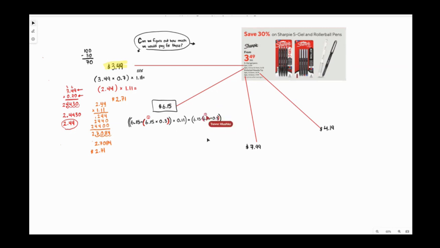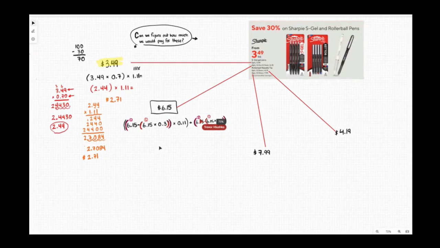Then we would do the second set of brackets. So again, this part here and those ones are the same, so I only actually have to do my equation.